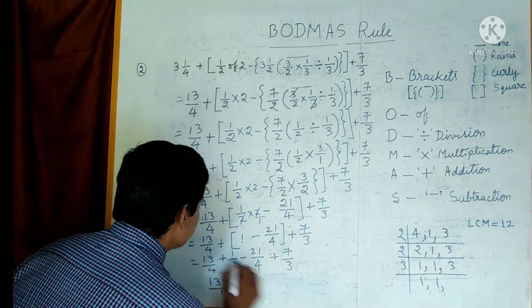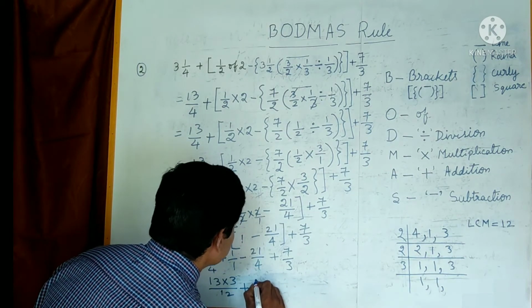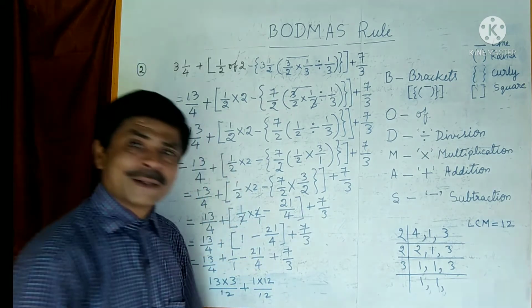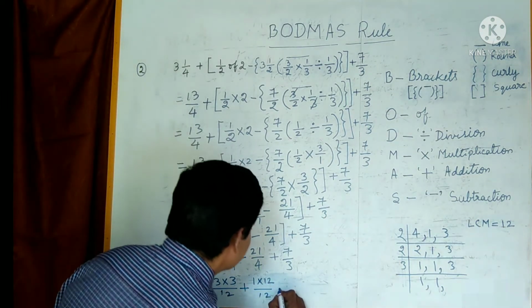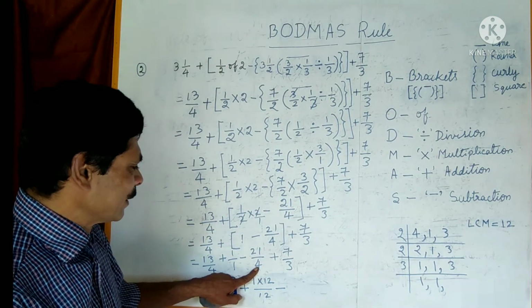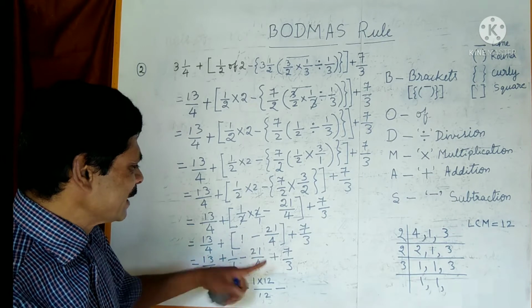Okay. 1 into 12 divided by 12 minus, how many times 4 to get 12? 4 3s are 12.